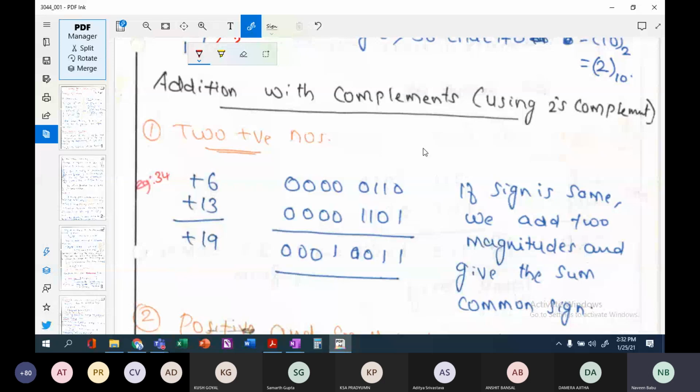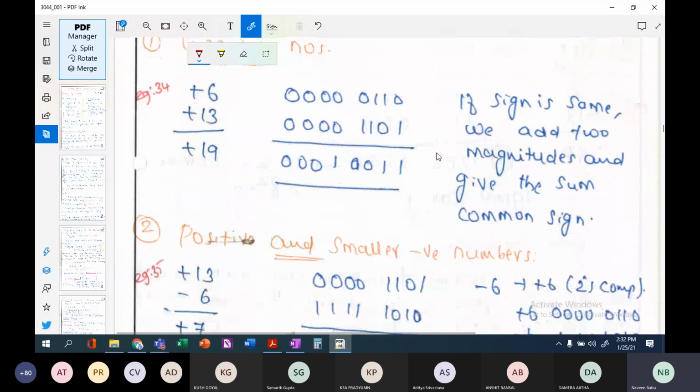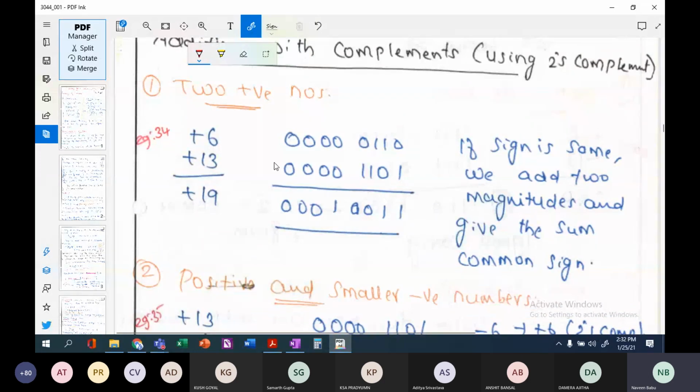You will get the same result. For example, as mentioned here, if the sign is the same, we can add the two numbers' magnitudes and give the common sign. Here also it is plus, here also it is plus, and the result will also be plus. In terms of binary, it is the same.